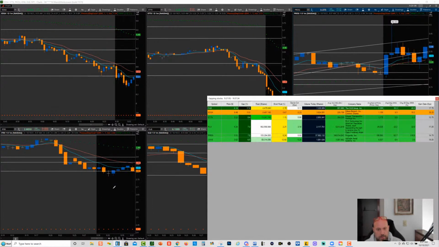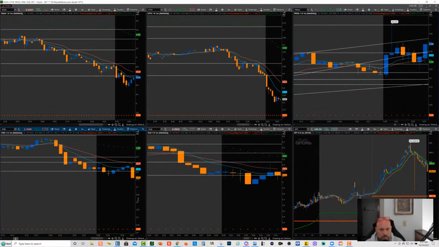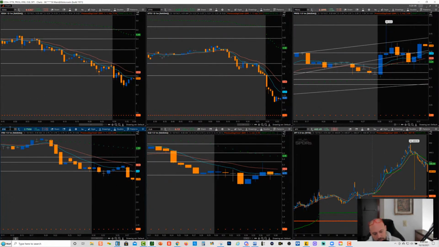So if I go over there, RLX is up a little bit, about 7%. So I might take a look at RLX and see over here. And you can see PROG might be moving up. So I'll pull that one back up again.